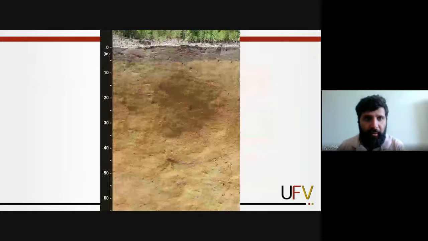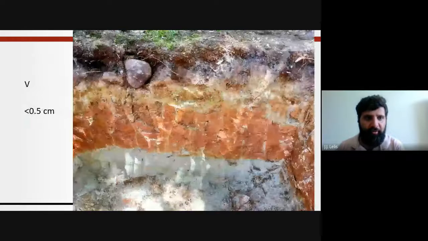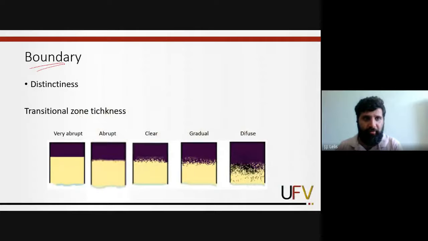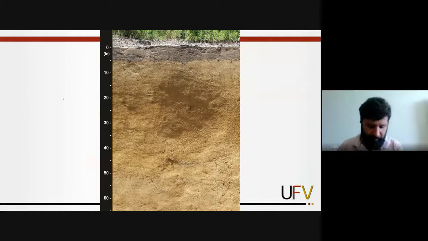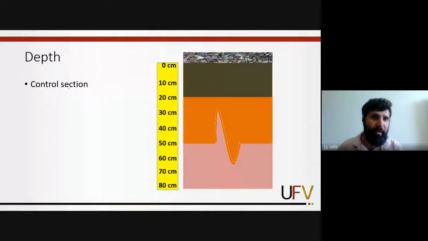So just to remember, we have to describe the boundary, the transitional zone between one horizon and another horizon, and we have to describe the distinctness and topography. Okay? We also should describe the depth of the horizons.